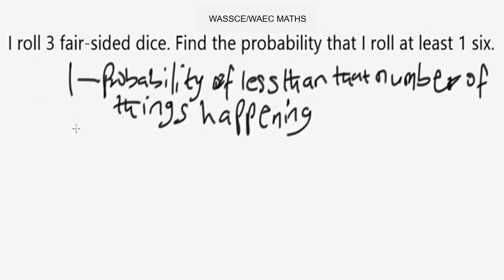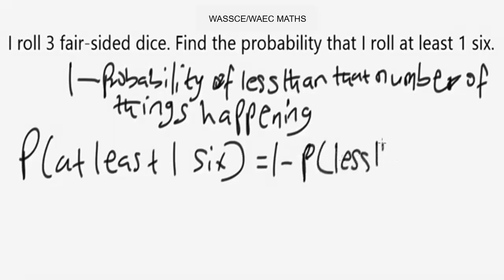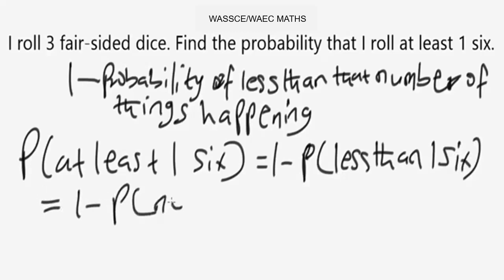Firstly, we need to rewrite this as 1 minus the probability. Mathematically, from this question, this can be expressed as probability of at least one 6, which is the same thing as 1 minus probability of less than one 6, which is the same thing as 1 minus probability of no 6.